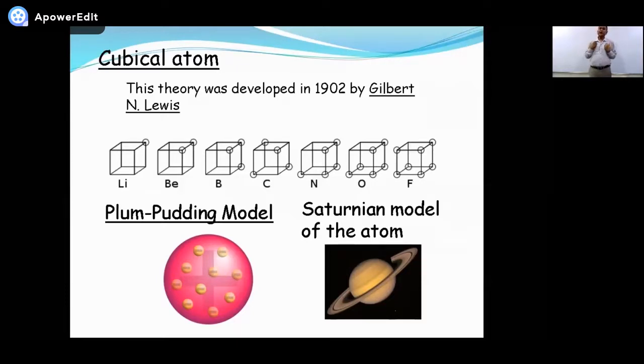The things that we can't see can be seen with the help of machines. Like we can't see where the broken bone is, but an X-ray can do this. All right. So different theories were put forward to define the structure, the position of electrons and protons in an atom.